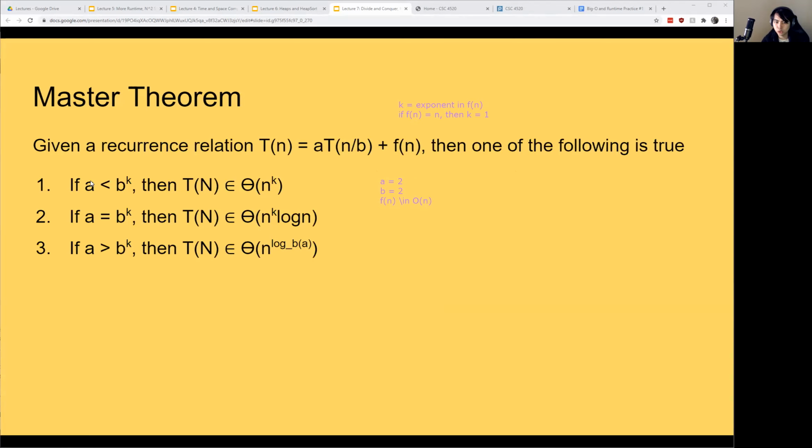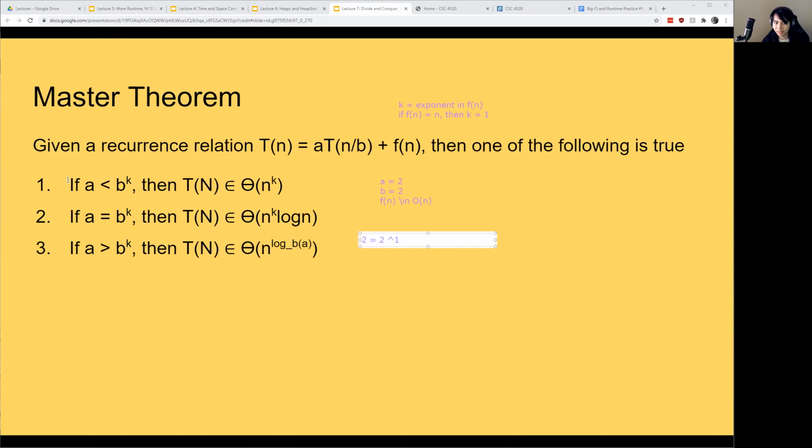We're saying if 2 is less than 2 to the power of 2, then this would be the runtime. But it's not, because if we say 2 is less than 2 to the power of 1, this 2 is not less than this 2 over here. So case 1 is false. On the other hand, if we check and say if they're equal, that is true, right?